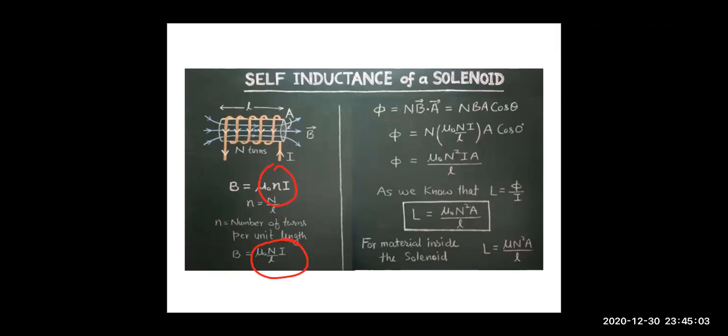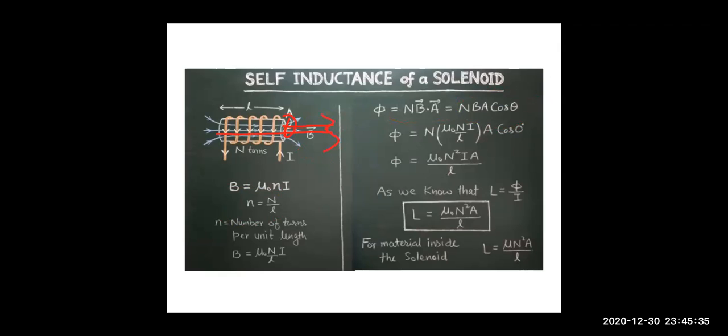Now we know the magnetic flux that is linked with the coil will be phi equals N B dot A. Now if we remove the dot, it will be B A cos theta, where theta is the angle between the magnetic field B and the area vector of the solenoid. So if we see, children, the magnetic field B is in this direction, and the area vector of this face will be along the same direction.